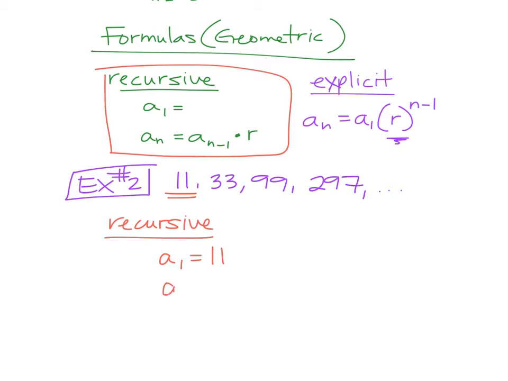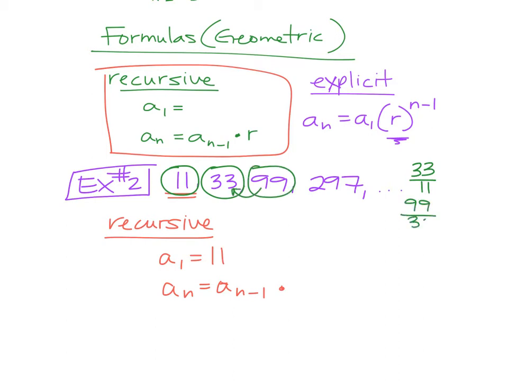And then the second part of it, a sub n, is going to equal a sub n minus 1 times, and now we have to figure out our common ratio. And here's how you find it. I said this early on, right at the beginning of the lesson. You take the second term and divide by the term before it. So 33 divided by 11, or you could take the third term and divide by the term before it, 99 divided by 33.